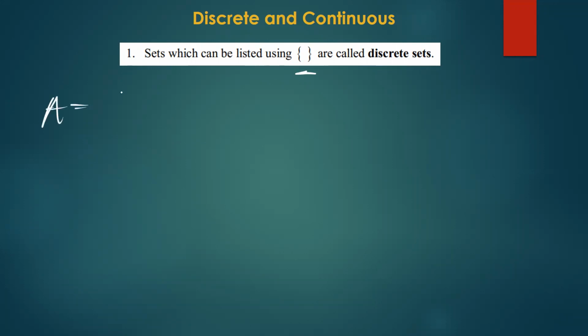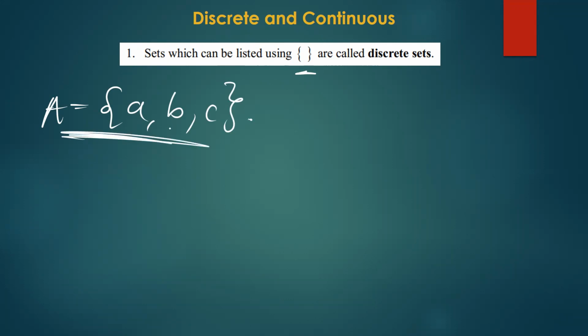When we say A = {A, B, C}, this set is known as a discrete set because we can list it using these kinds of brackets. Yeah, so any set that can't be listed using these brackets is called a continuous set.